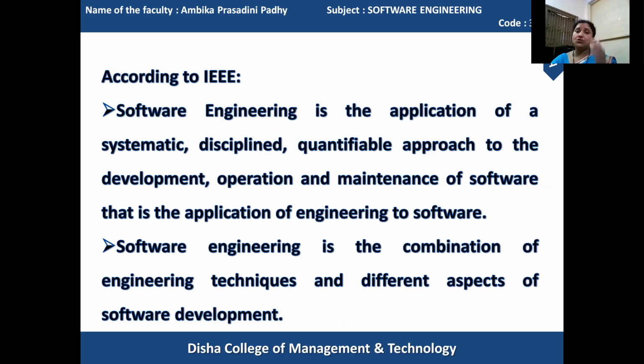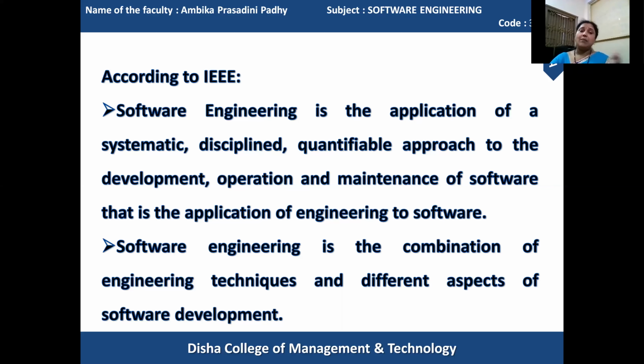The operations performed inside it should be systematic, sequential, step by step, ordered so that it can be identified and perform its actions very well. It should be a disciplined, quantifiable approach that can be highly implemented inside the system.